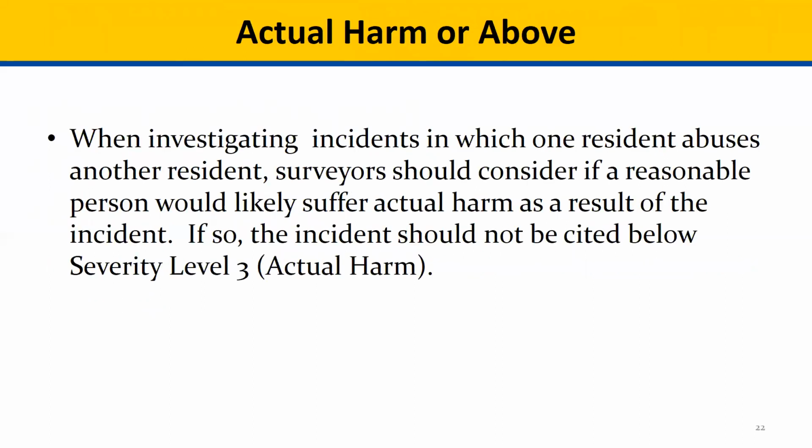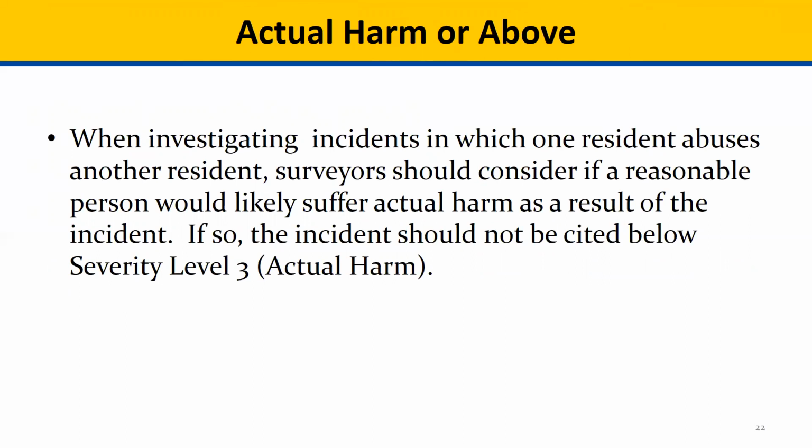In addition, a reasonable person would not expect that they would be harmed in his or her own home or a healthcare facility and would experience a negative psychosocial outcome. When investigating incidents in which one resident abuses another resident, surveyors should consider if a reasonable person would likely suffer actual harm as a result of the incident.